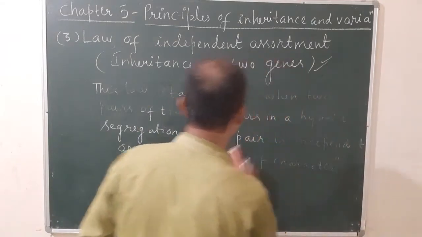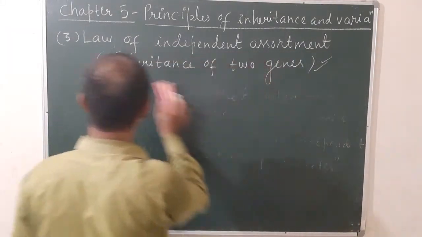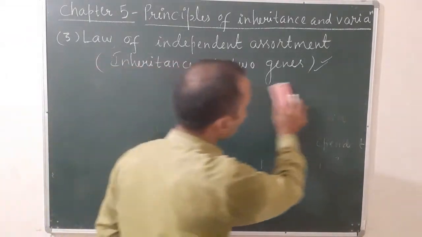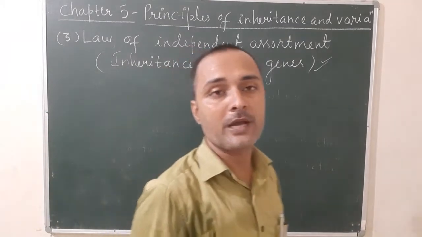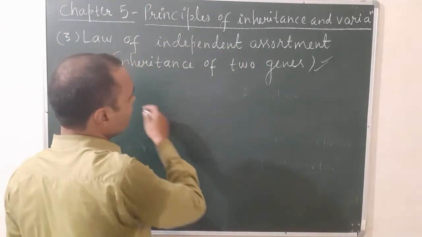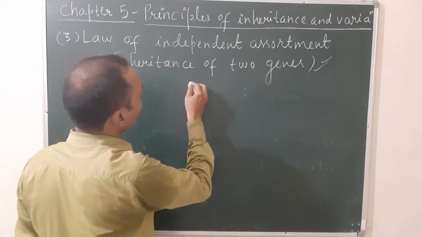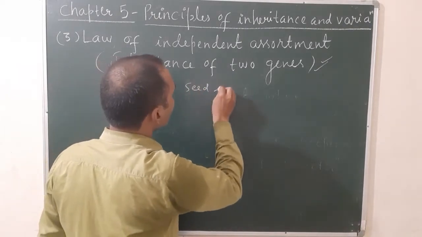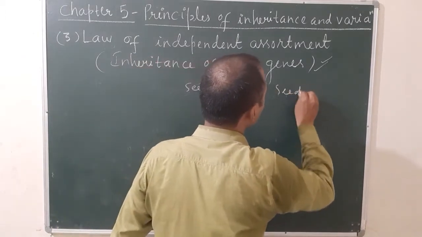Mendel took two traits, seed shape and seed color. You know Mendel studied a total of 7 traits in the pea plant, Pisum sativum. So Mendel took this law from seed shape and seed color.